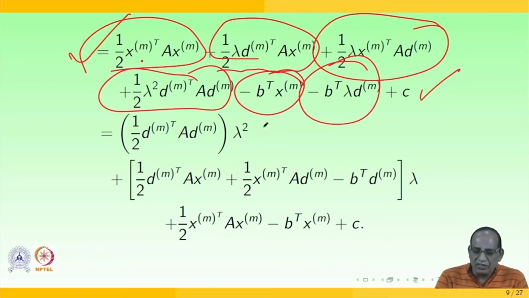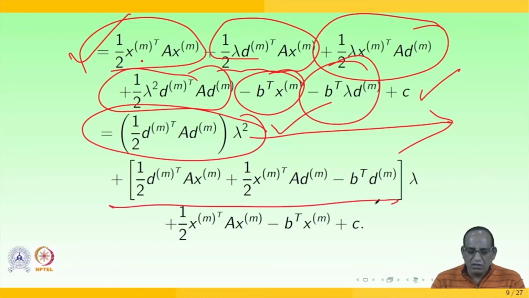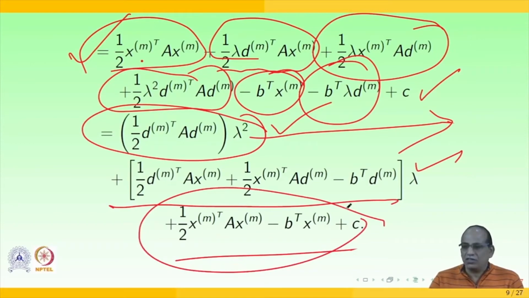So when you simplify this, you get 1 by 2 times d of m transpose A d of m lambda squared, plus 1 by 2 times d of m transpose A x of m plus 1 by 2 times x of m transpose A d of m minus b transpose d of m times lambda, plus 1 by 2 times x of m transpose A x of m minus b transpose x of m plus some constant c.